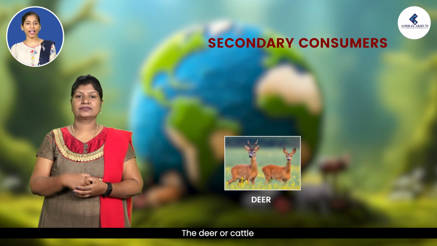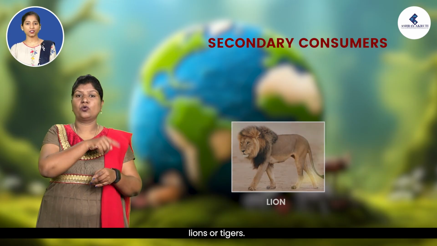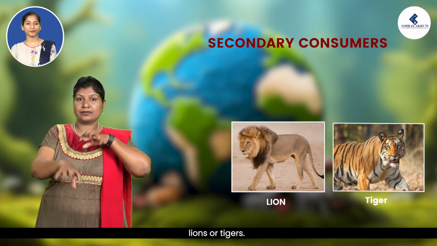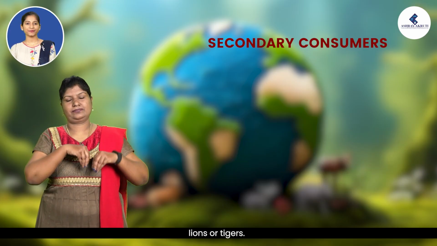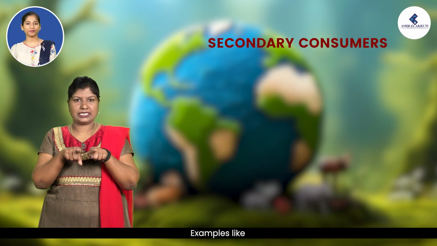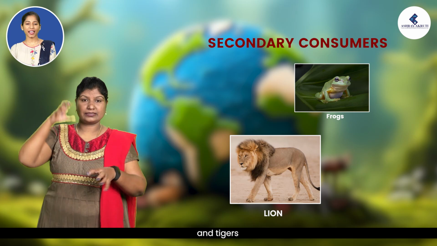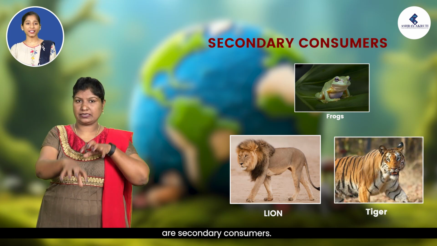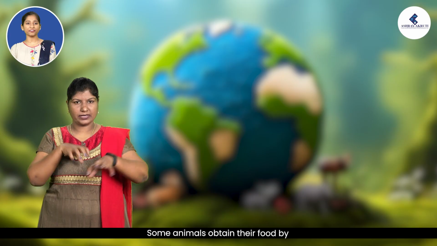The deer or cattle may become the food for lions or tigers. Examples like frogs, lions, and tigers are secondary consumers. Some animals obtain their food by feeding on secondary consumers.